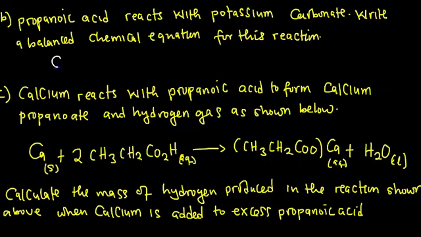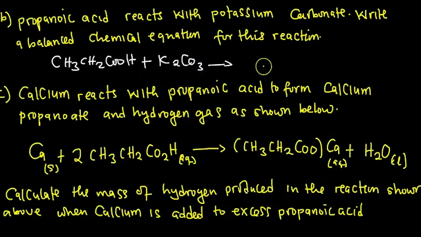Okay, now you know that propanoic acid is written like this: CH3CH2COOH, then plus potassium carbonate written as this. Then generally when a metal carbonate reacts with an acid, what is produced is a salt. So in this case, the salt that is going to be produced is potassium propanoate.